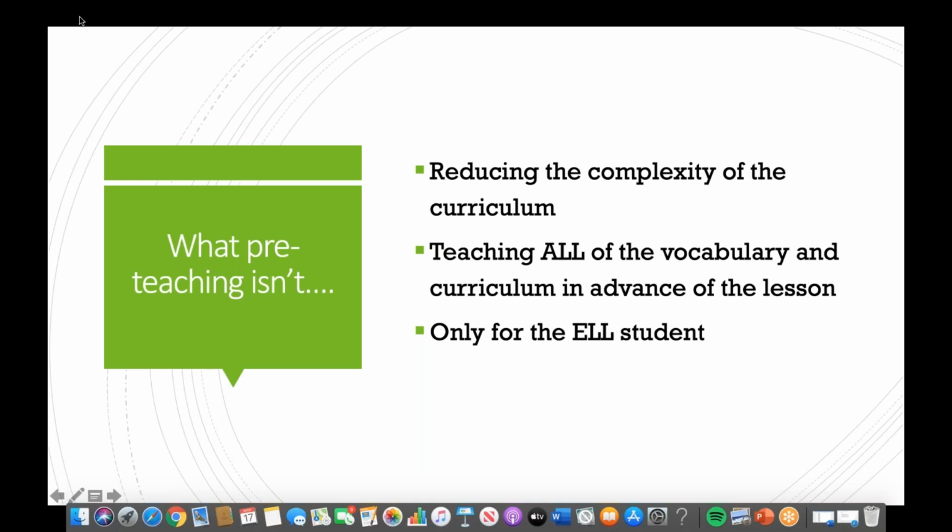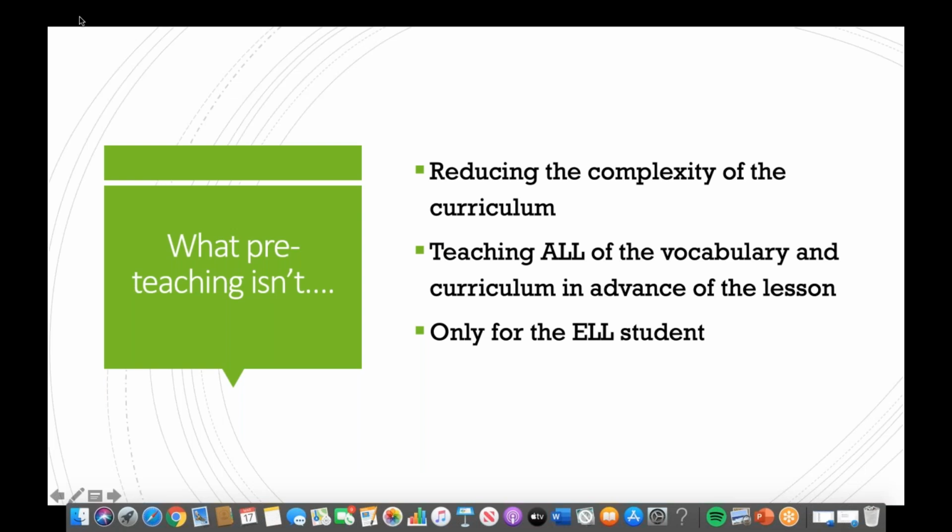Pre-teaching is not a way to reduce the complexity of the curriculum either. It's not a way to simplify concepts, and it's not designed to teach the student the lesson before the actual lesson. Pre-teaching is more of a selective preparation of key concepts and language that the student is going to be using in the actual lesson or upcoming unit.